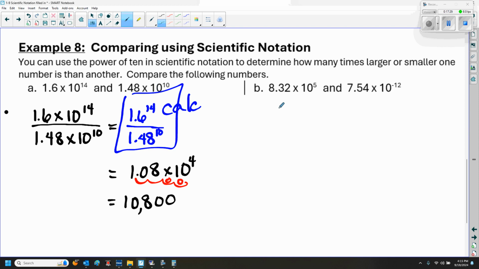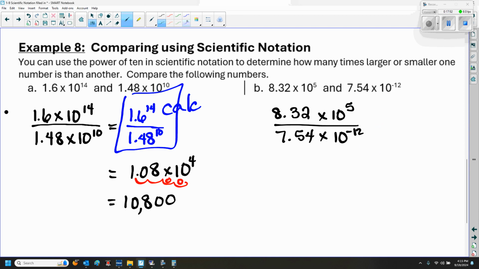Okay, so we can do the second one also. So we're going to divide 8.32 times 10 to the 5th divided by 7.54 times 10 to the negative 12. So that's the larger one, this is the smaller one.